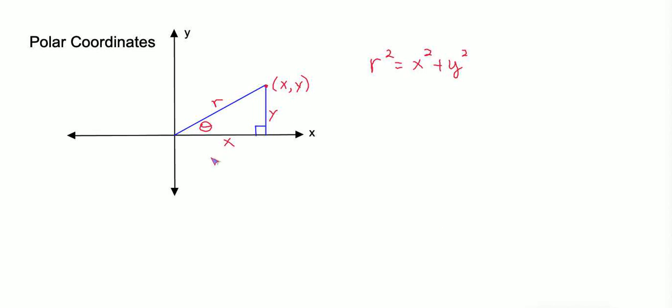And for theta, just like we used before, tangent of theta equals opposite over adjacent, which is y over x. So this general way of looking at it is going to help us change from rectangular to polar coordinates.